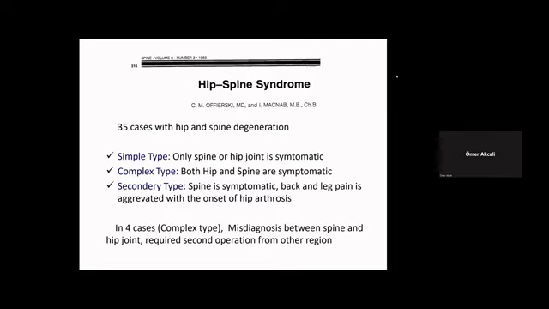The last type of patient group is named the secondary type. In this type, the patients have spine symptoms, but clinical pictures are aggravated by deformity of the hip joint. This paper is very important because it was published in 1983, but there are still a lot of misdiagnoses between hip and spine symptomatology.